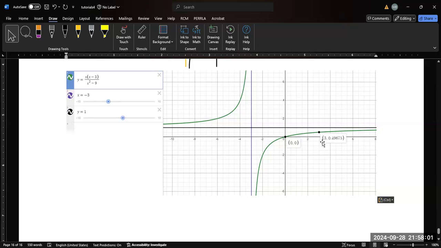Here's our intercept. Now, what Desmos tried to do was it didn't plug in exactly 3. It plugged in something really close to 3, like 2.99999, and it's getting something very close to that 1/2, but not exactly 1/2.